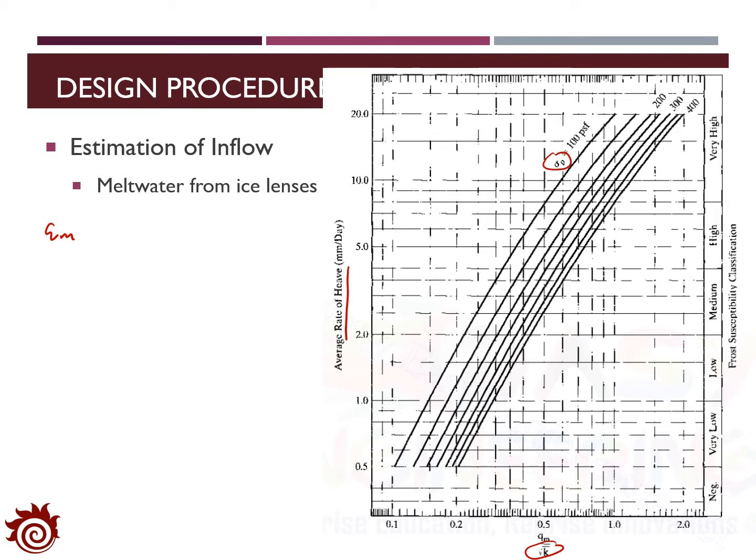Basically, we can see that when we increase the average rate of the heave, Qm will be higher. In addition, if we increase the consolidation pressure, we can also see the increase of the inflow rate. Similarly, if permeability is higher, Qm is also higher, for a fixed value of the rate of the heave and sigma p.